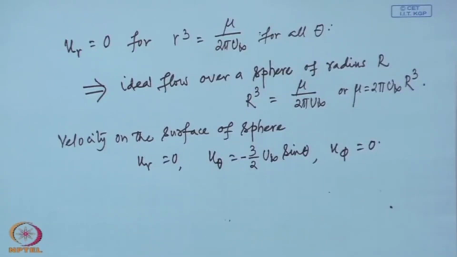It was 2 U infinity sin theta, now it has become 3 by 2 U infinity sin theta. That means, in case of a sphere, the flow acceleration is less. The maximum is again at theta equal to pi by 2, which will be minus 3 by 2 U infinity. In case of a cylinder, it was 2 U infinity.